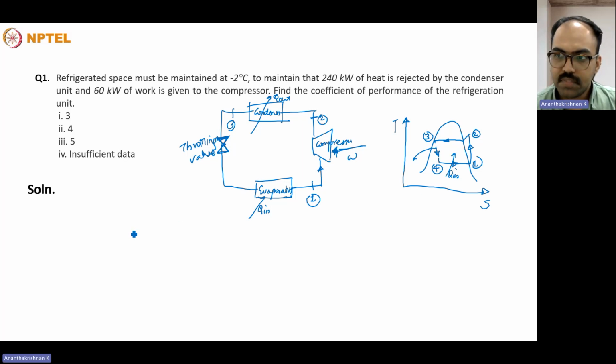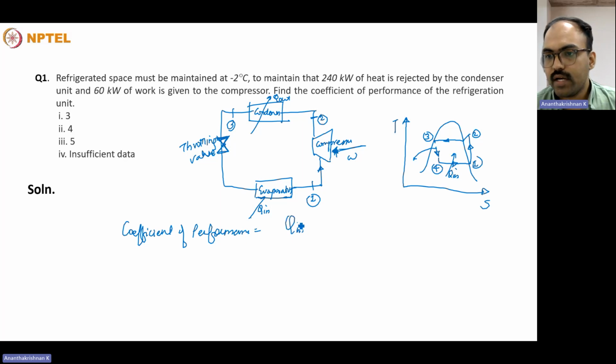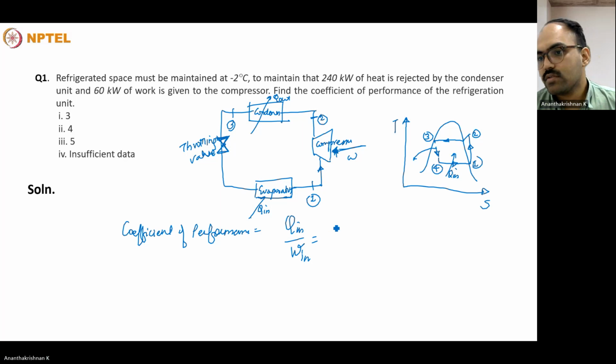So the COP, the coefficient of performance, is denoted as the heat input divided by work input for a refrigeration system. The heat input is not directly given, but we know that it's a cycle, so net heat input is equal to net work input. So Q out minus Q in will be equal to the work input.